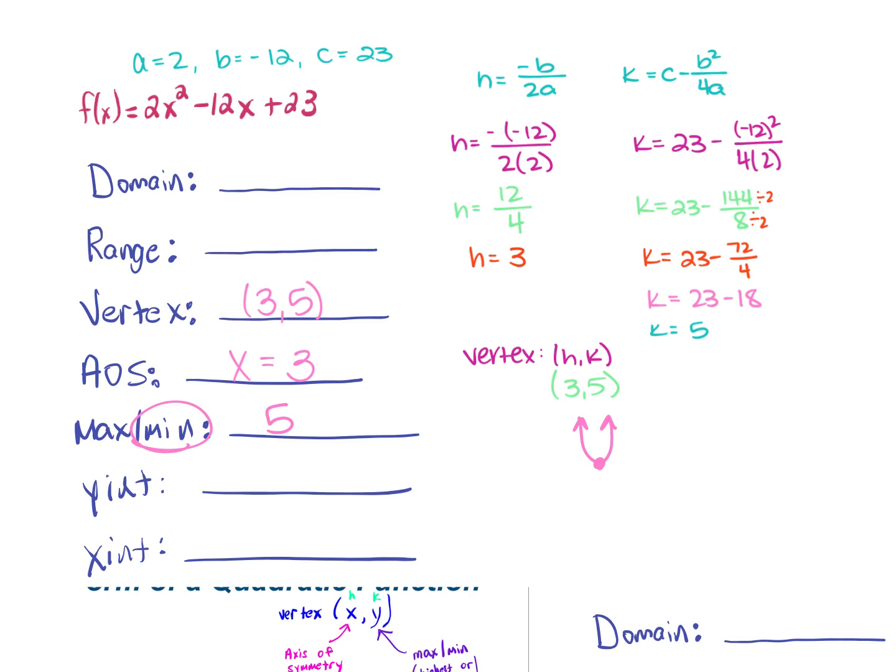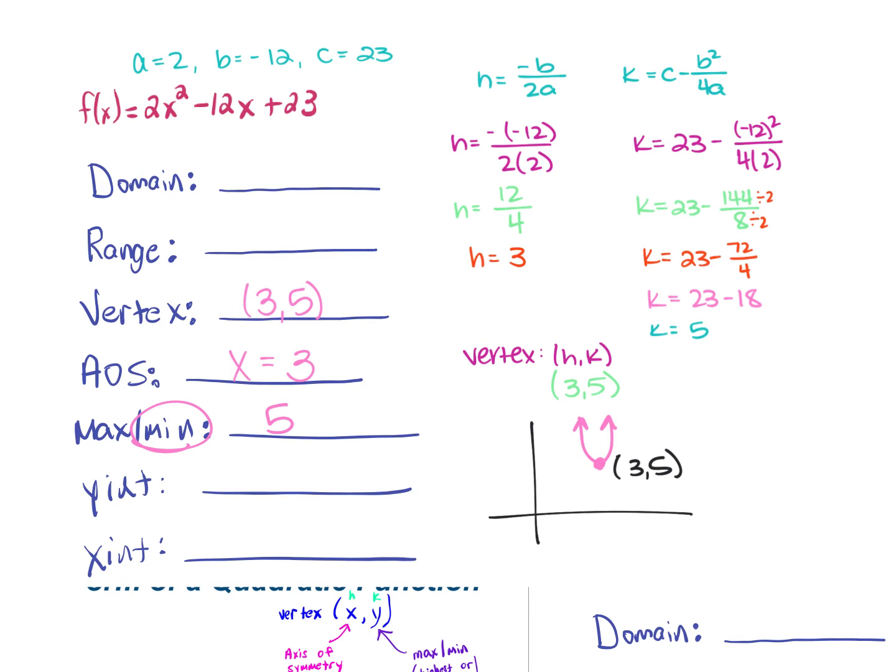From here, domain and range, you have a parabola. If you had a coordinate plane, let's say this is your coordinate plane, and this is the ordered pair 3, 5, that is your vertex. Give it a second. There you go. From that ordered pair 3, 5, you are looking at that parabola, and that parabola opens up.